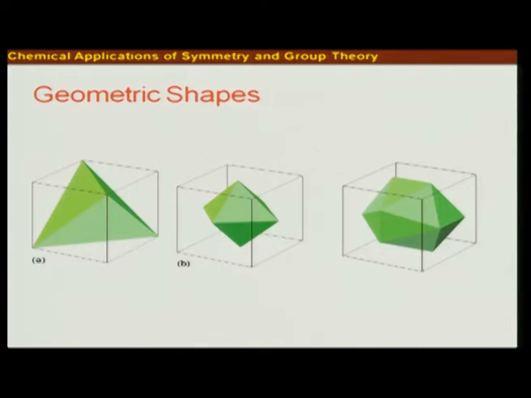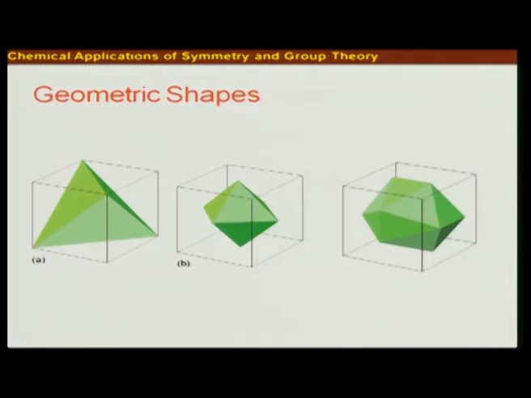Now, just like the molecule, you can find the point group to which any given structure belongs. On your screen you can see there are certain geometric shapes. The first one is that of a tetrahedron, right? The special quality of a tetrahedron is that all the vertices occupy alternate corners of a cube.